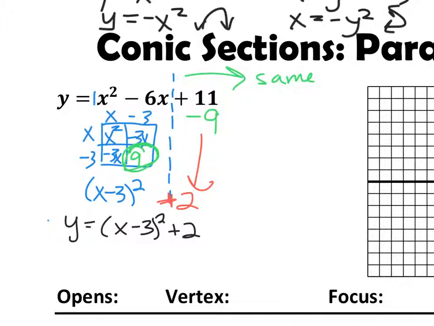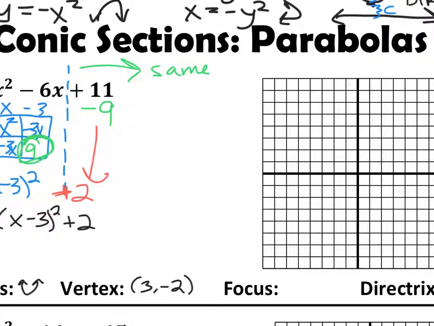So since I have the x being squared, that means it's opening either up or down, and since in front of my parentheses is positive, that means it's opening up. Vertex is at 3, negative 2. So I can go ahead and plot that. 3, negative 2. And I know that it's going to open up.